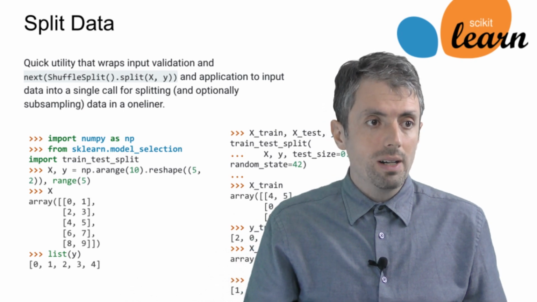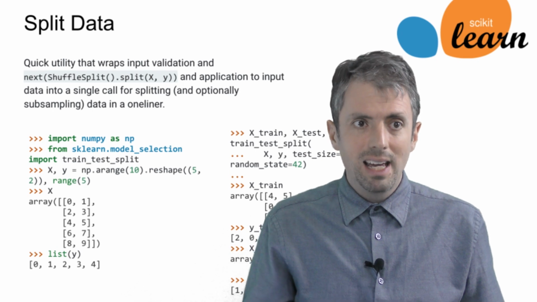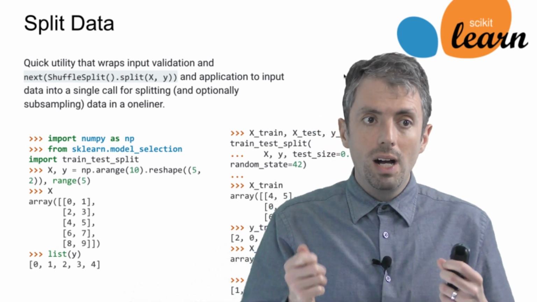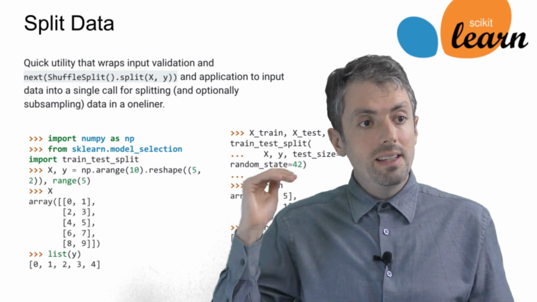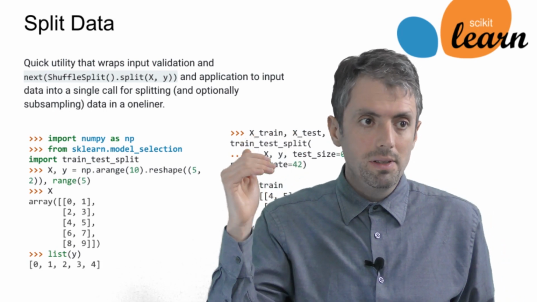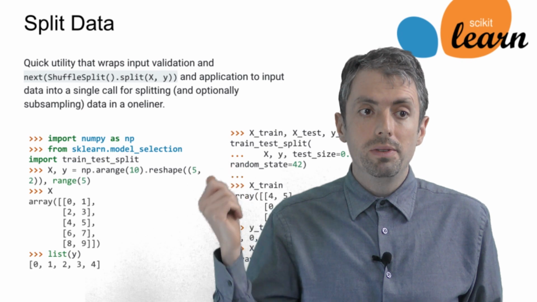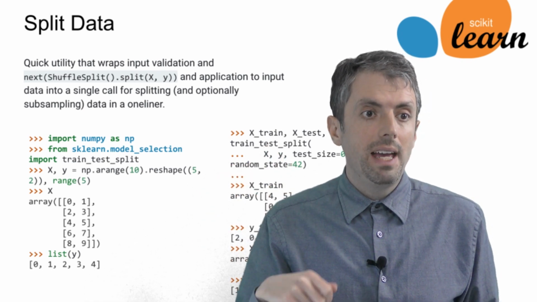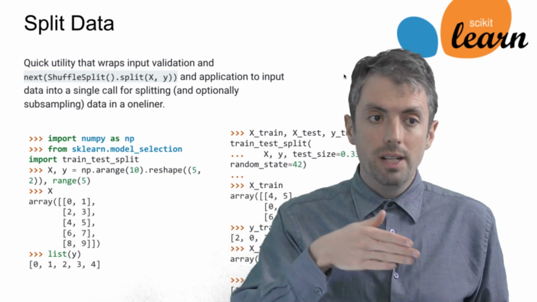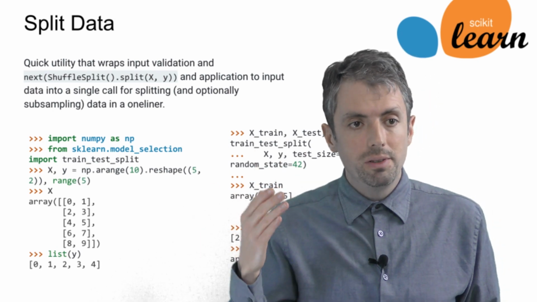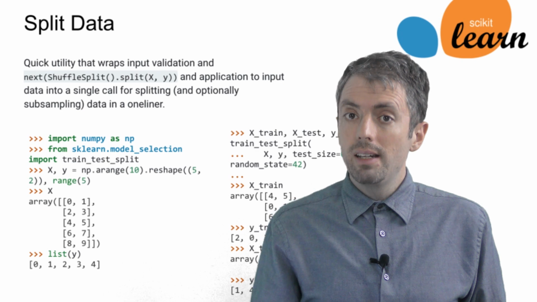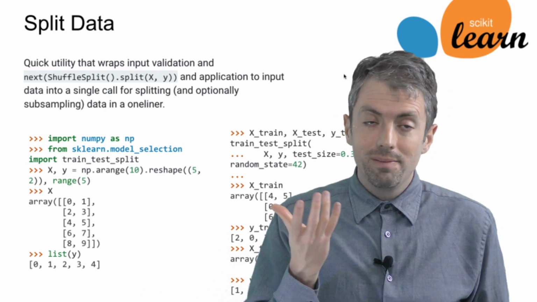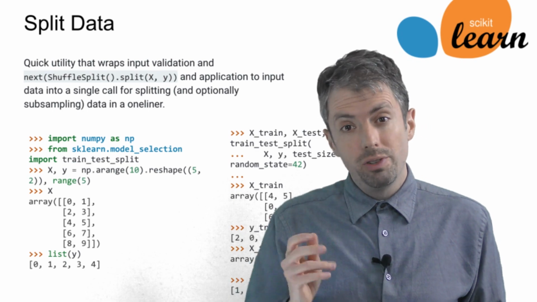So for example, if we create this X and we use train test split to break off X and Y into two separate pieces, you can see that the 0th example, which has X equal to 0, 1, 4, 5, and 6, 7 all go in the train fold, while examples 2, 3, and 8, 9 go into the test fold.